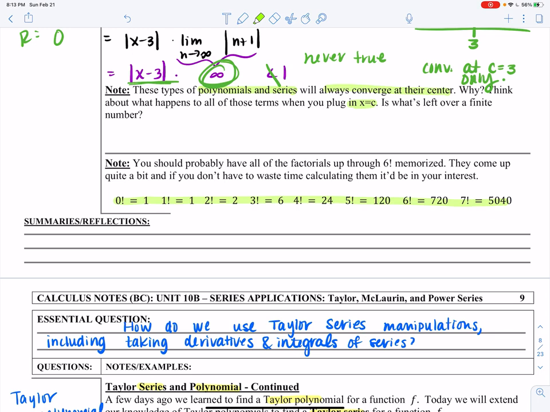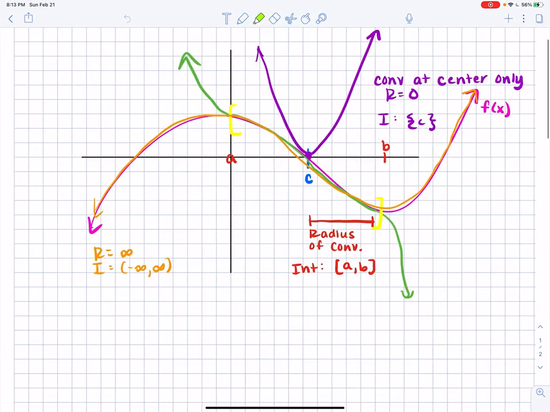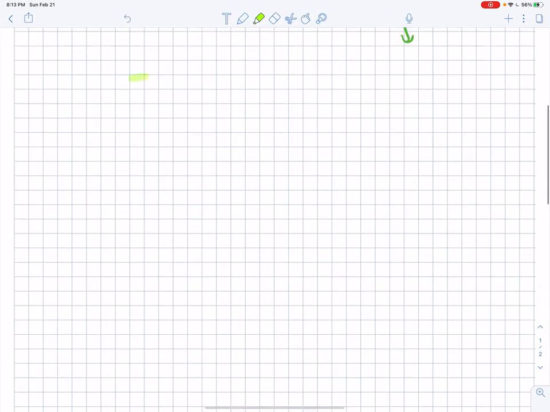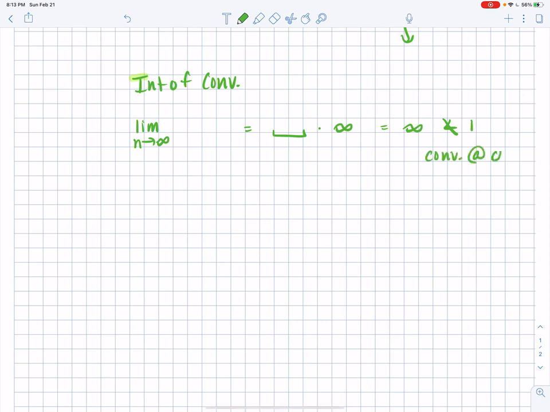So last and final thoughts here before we close. I think it's important for you to know that when you're doing an interval of convergence problem, if the limit as n approaches infinity gives you something times infinity, then that's infinity, and it's never going to be less than 1, which means it's going to converge at the center only.